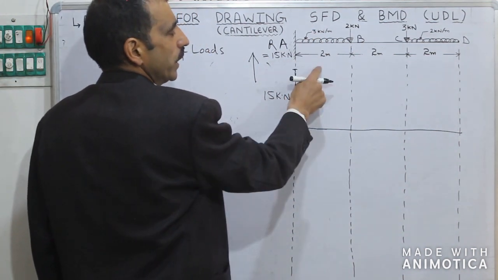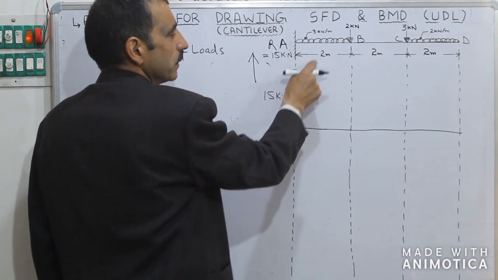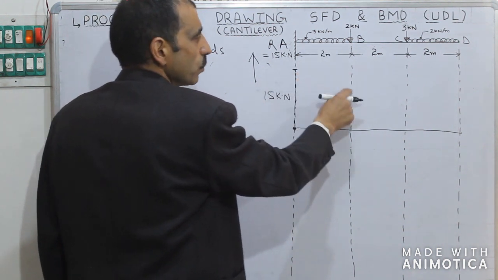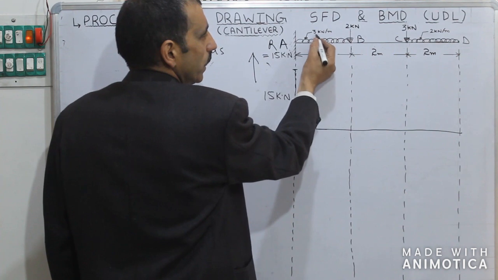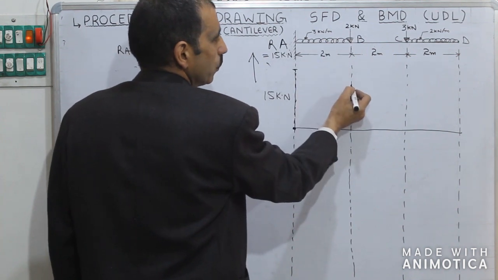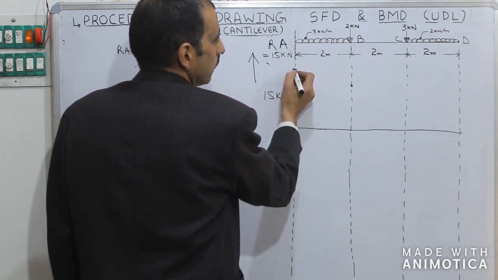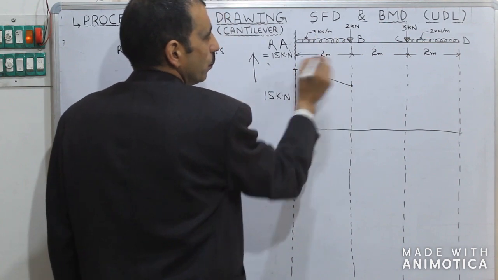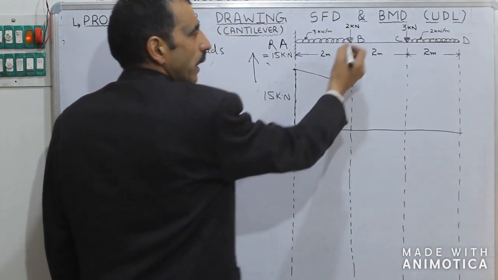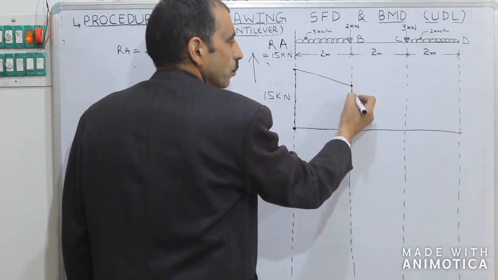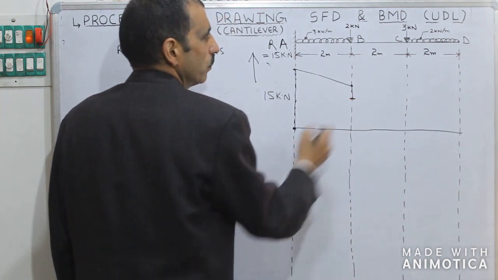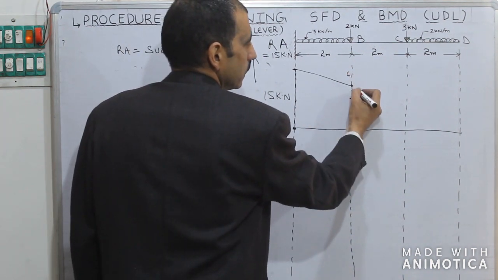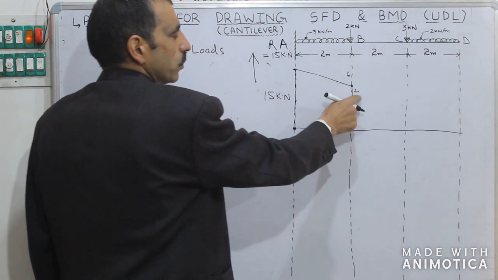Now first is the UDL. We always denote UDL with a slope. Converting the UDL into point load, 3 into 2, it comes 6. And there is a point load downwards, 2 kN. That means this is 6, this is 2, total is 8.